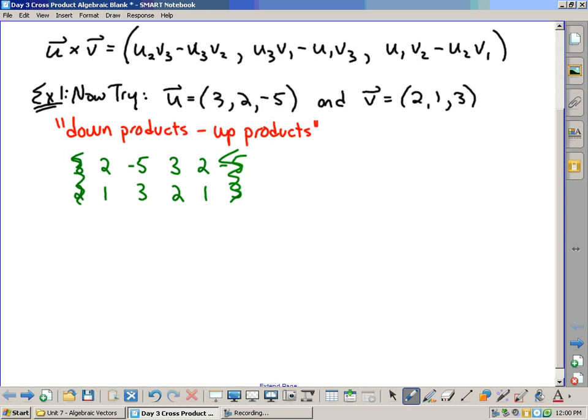And here's where the first component of our vector answer comes from. We take the down products, so it's 2 times 3, which is 6, minus the up products. So minus the up product is 1 times negative 5, and we write that down.